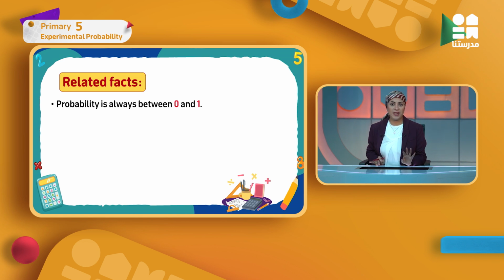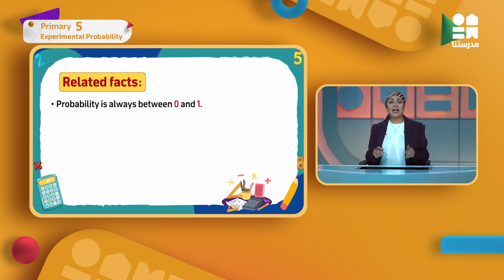It's impossible, and that's why we call this an impossible event. An impossible event when its probability is 0, okay? And 1, it is, as we said, a certain or a sure event.